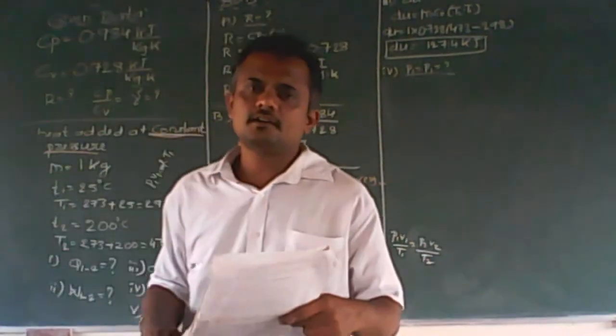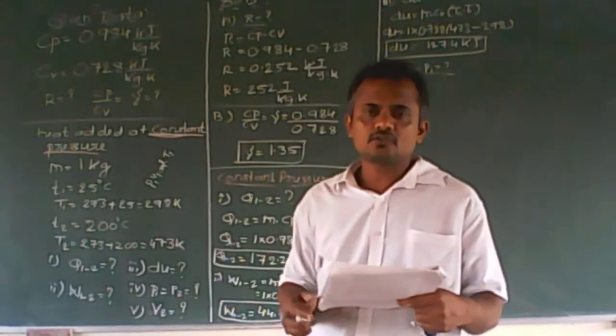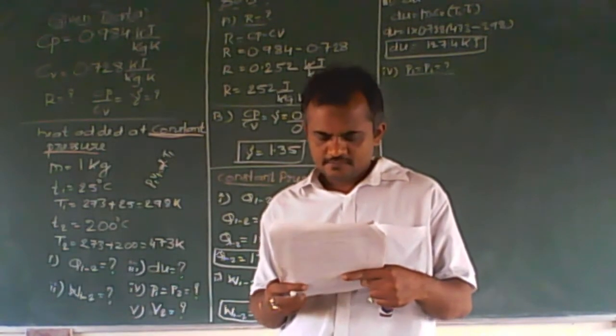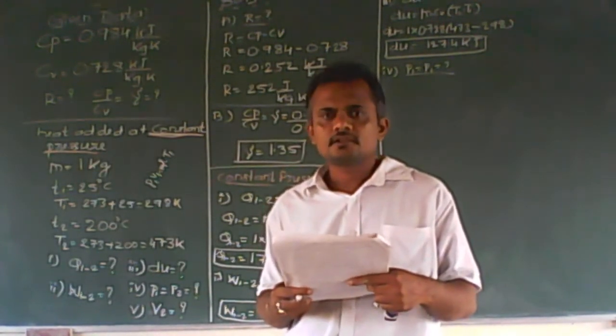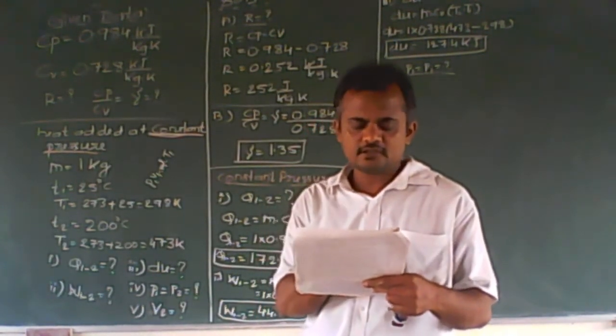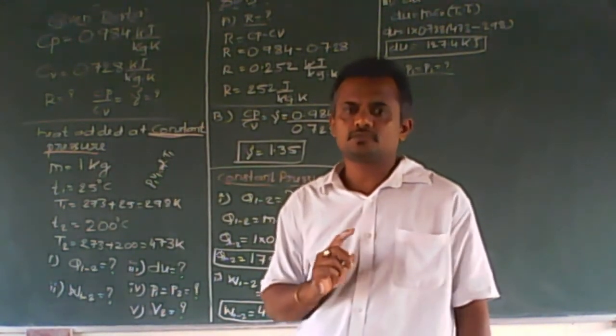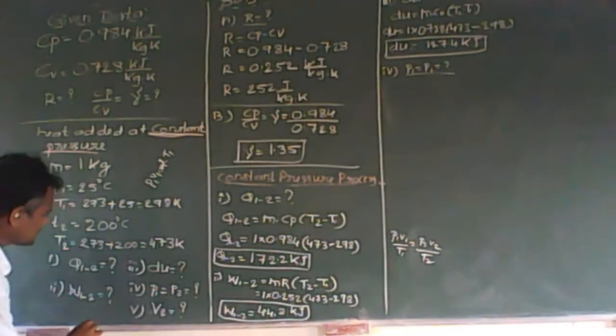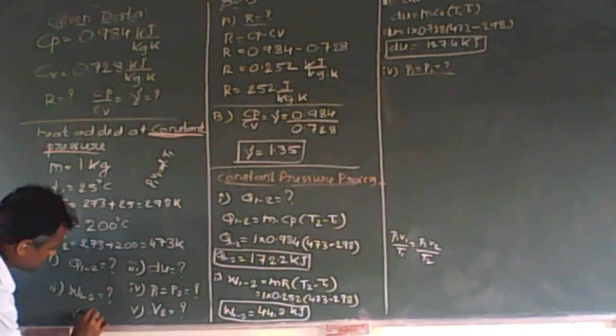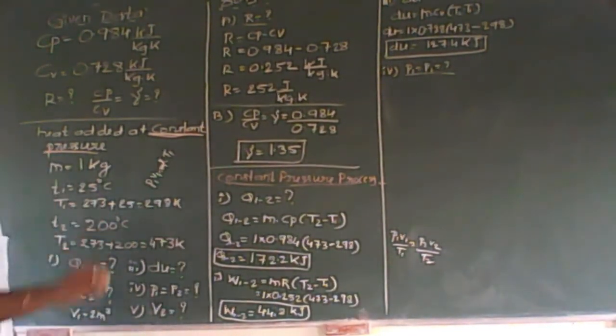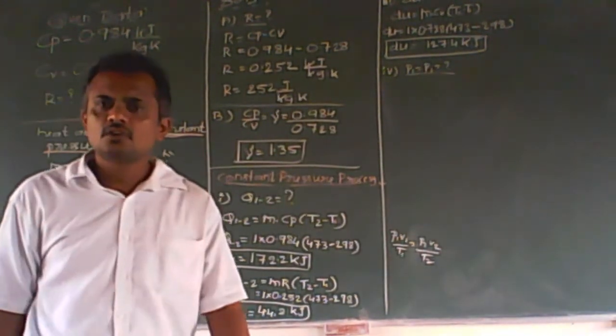See, at the last I forgot to read the data, so I forgot to take the initial volume, which was 2 meter cube. So I have not taken this initial volume. V1 is 2 meter cube. Initial volume is 2 meter cube.